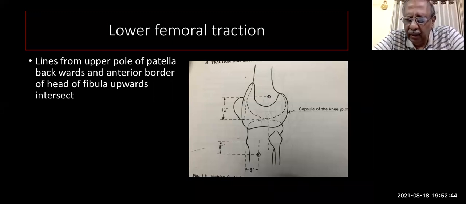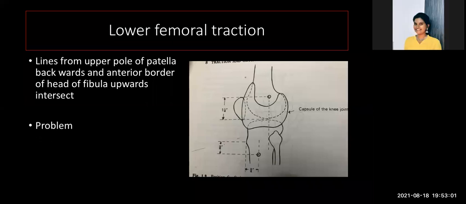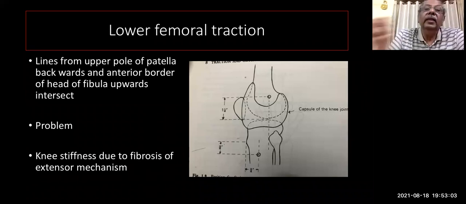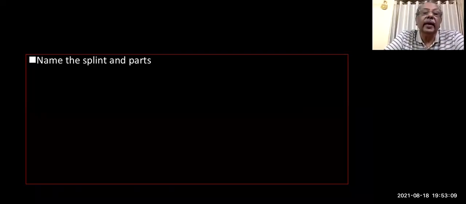Because the lateral popliteal nerve is on the lateral side, many people apply it from the lateral to the medial side. For the calcaneal traction, it is much better to put it from the medial to the lateral side, because the tibialis posterior neurovascular bundle is on the medial side. So the problem with this lower femoral traction is the stiffness due to fibrosis of the extensor mechanism.